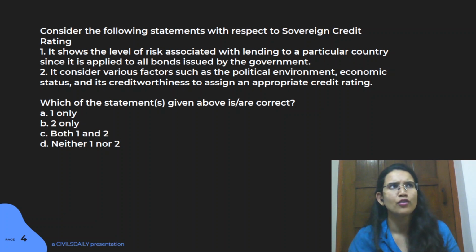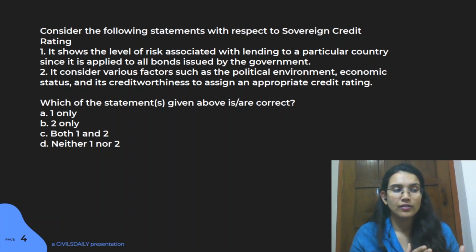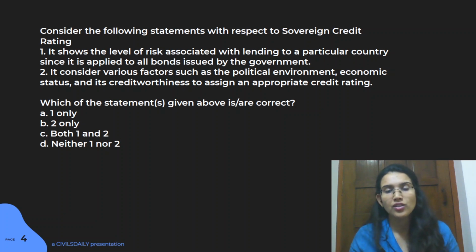If you've heard, there are three basic agencies which are involved in sovereign credit rating. Number one is Moody's, then Fitch Ratings, and Standard and Poor's. The credit rating system stretches from AAA grade to grade D. If a country gets a good grade, that means the investment is more secure there. As we go down, obviously that means there's a poor rating.